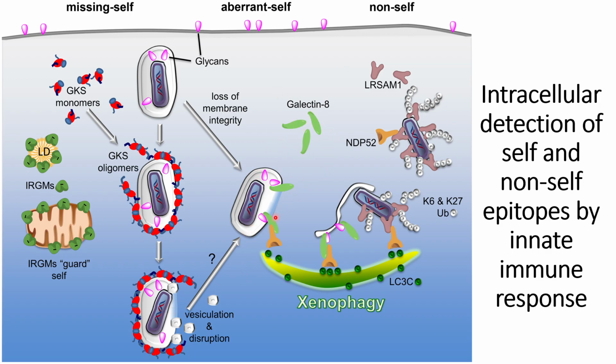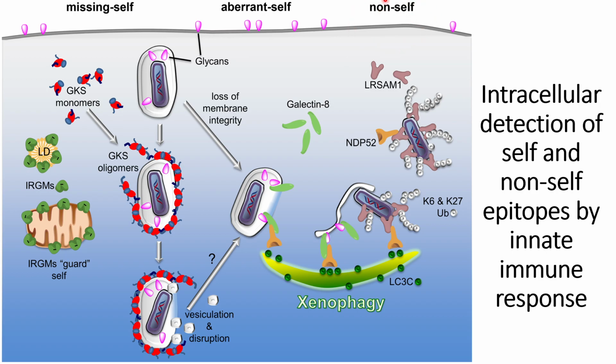When the galactin 8 interacts with this pathogen, it recruits this NDP52, and that helps in this xenophagy, and thereby the pathogens that are able to enter the host cells will be degraded either by lysosomes or by autophagy.